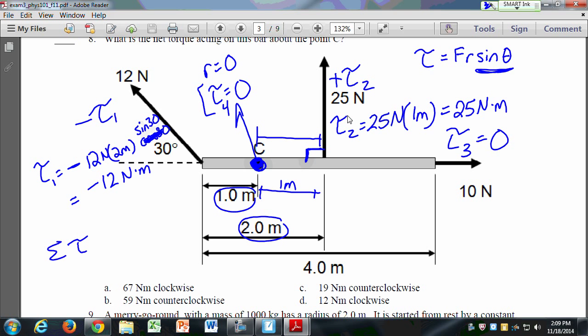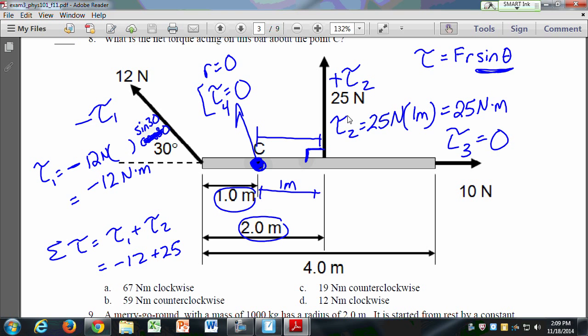So the sum of the torques is torque 1 plus torque 2. That's negative 12 plus 25, which is 13 newton meters. Oh wait, that's not right. I have a mistake here somewhere. Oh yeah, up here I made a mistake.